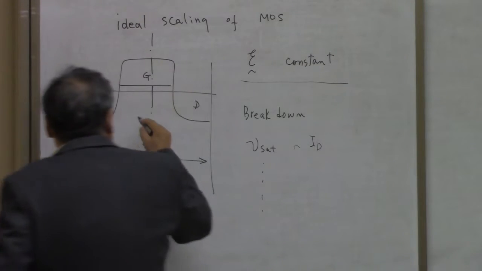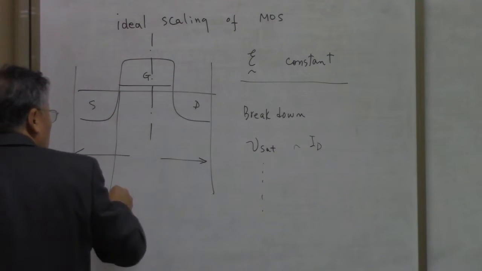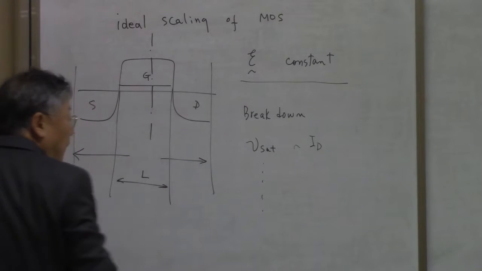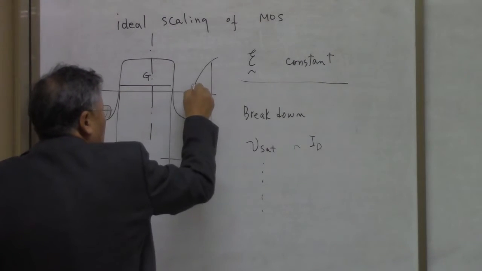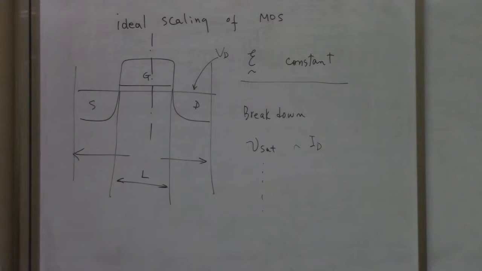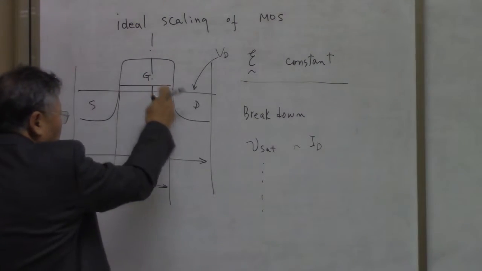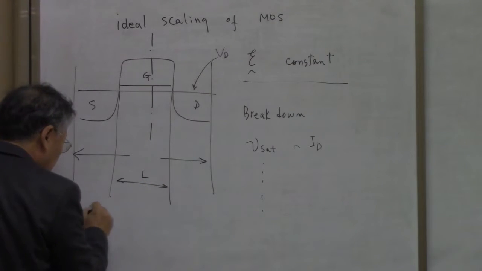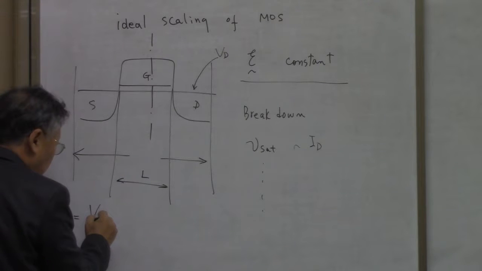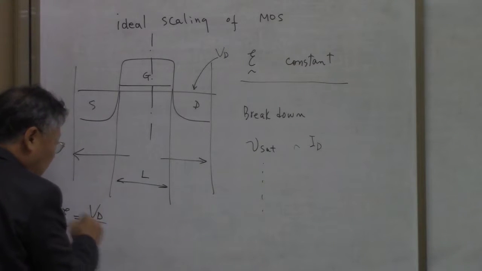For example, if you want to change the gate length here, then we want to change the gate drain voltages, because the electric field is Vd over L, right?